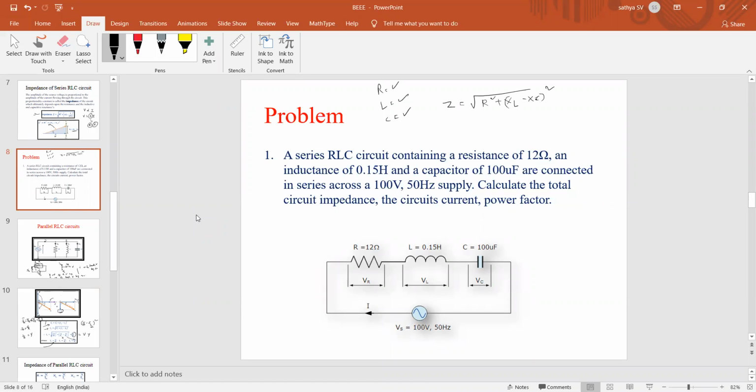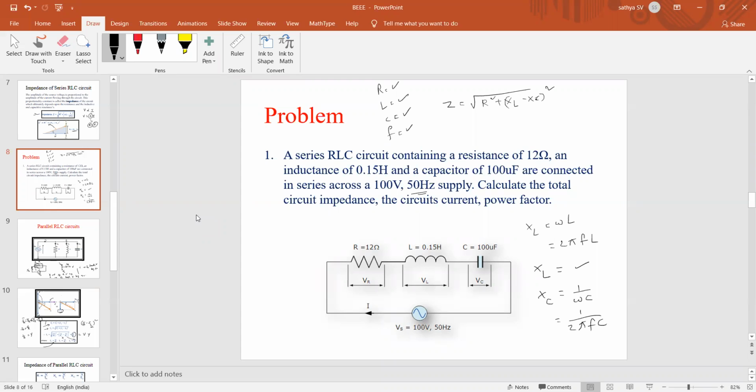How can we calculate XL? XL is equal to omega L, where omega is 2 pi f, into L. They have given the f value as 50 hertz. So will you substitute and calculate the XL value on your own? And similarly the XC value, that is 1 by omega C, 1 by 2 pi f C.